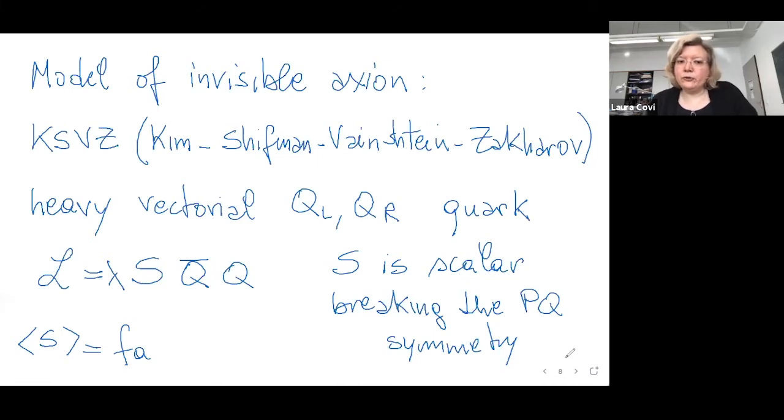That's also why usually these fields are integrated out, and at the end you're left only with the axion. So you forget about the presence of all this sector, and you don't really have other couplings apart from the G G dual or F F dual coupling. But for the other models, it's not like this.